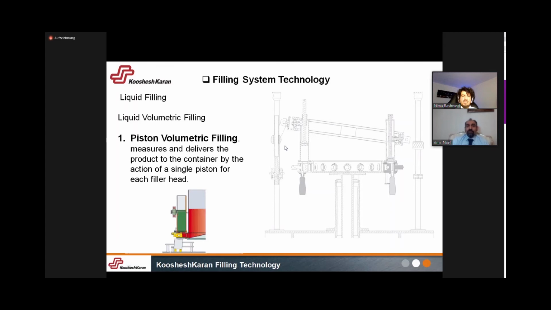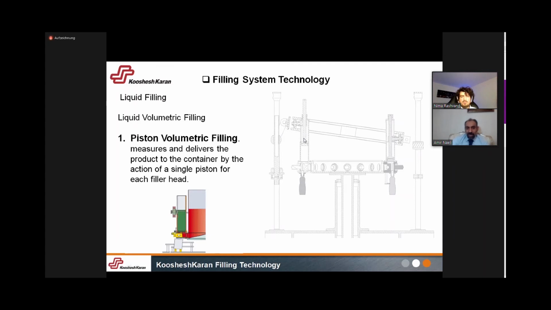Yes, it is manual because you adjust according to the volume of the container. For example, when you want to fill a special product with a special volume, you can adjust this cam to reach this volume by changing the stroke of the piston.